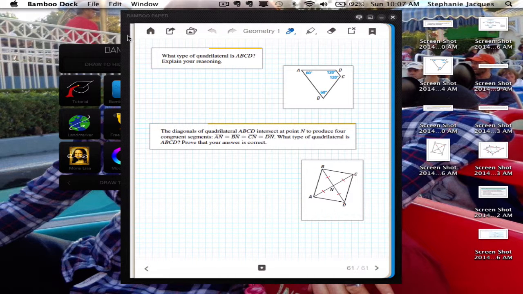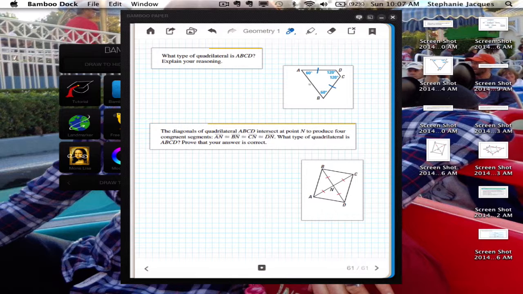The next one: what type of quadrilateral is ABCD? Explain your reasoning. Looking at ABCD, I do know I have the same angles here. Those are congruent, and these are congruent to one another. In order to have that happen, it's going to have these sides congruent to one another as well.